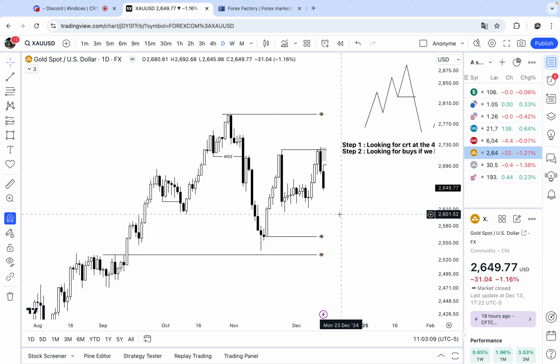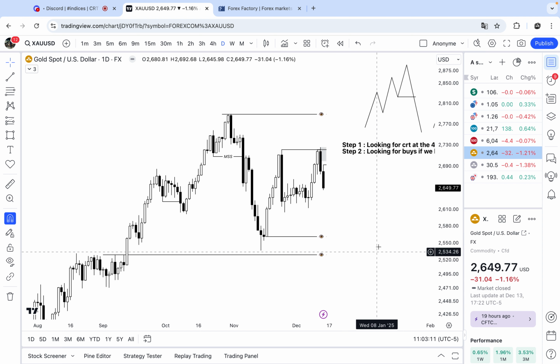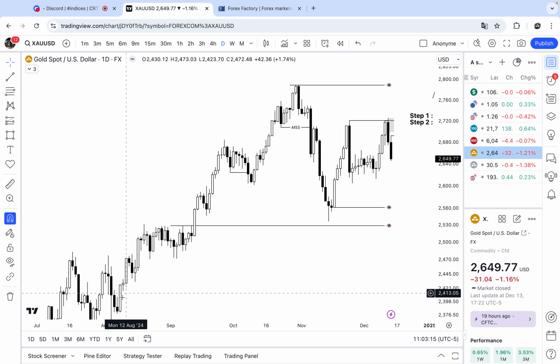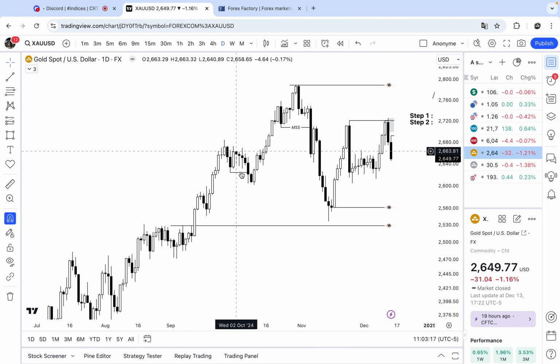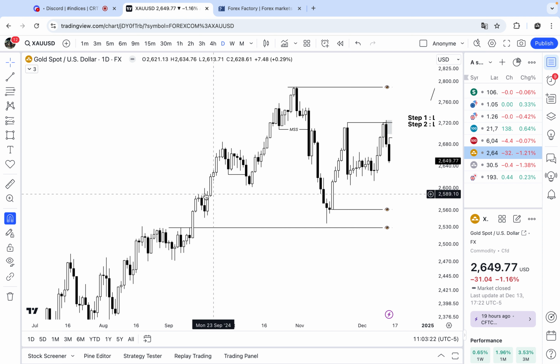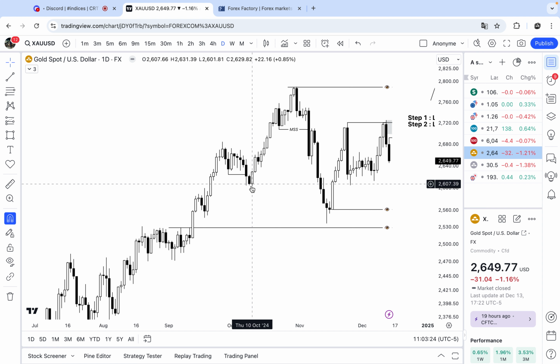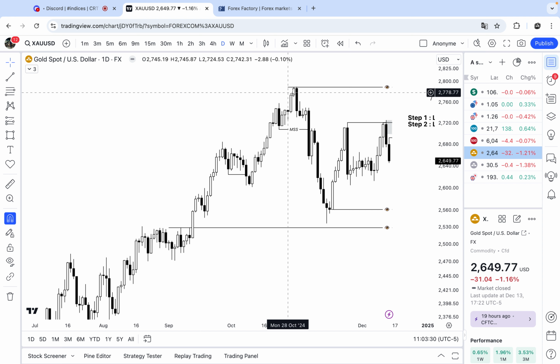All right. For example, if we are bullish right here, bullish, bullish, bullish, you're looking for bullish CRTs. If we see a bearish CRT here, you do not take it because it's against the trend.